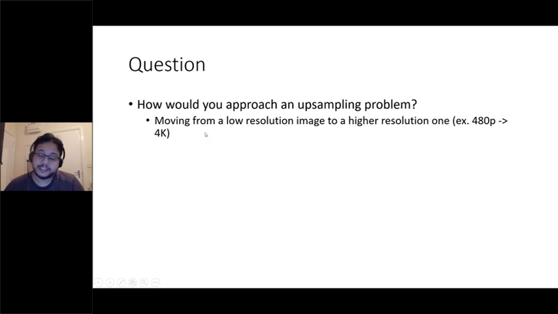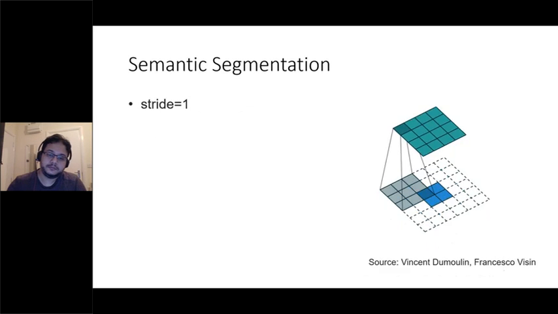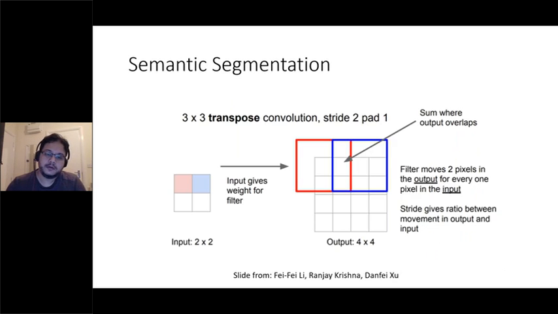And the result can be really impressive. Have you seen that before, guys? You mean it will improve the quality of the image? Exactly, going to a higher resolution. For example, 480p to 4K, and the quality will still look good.